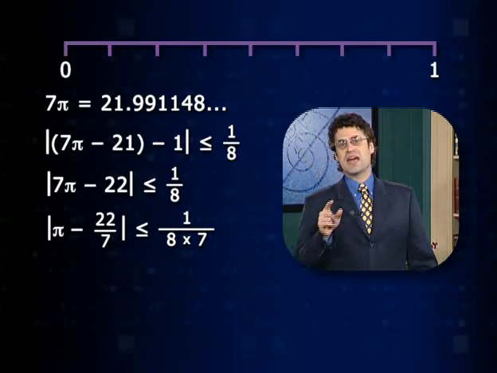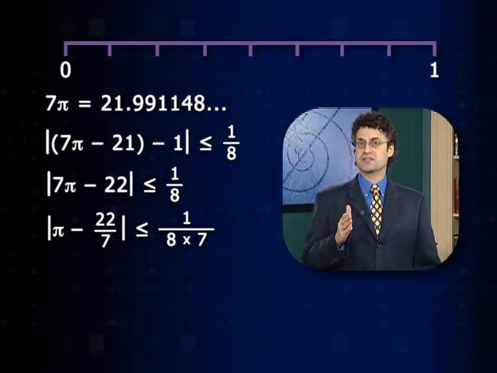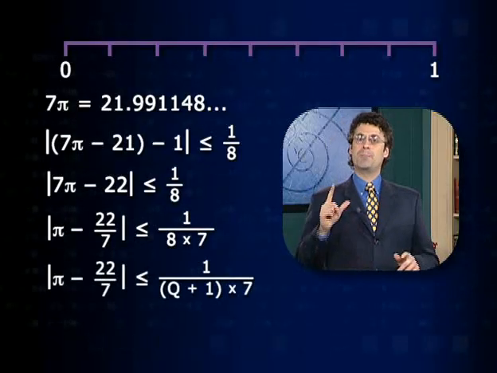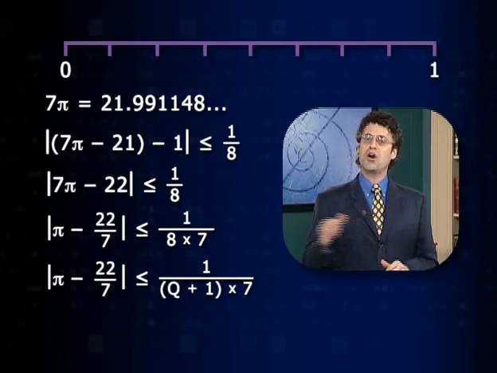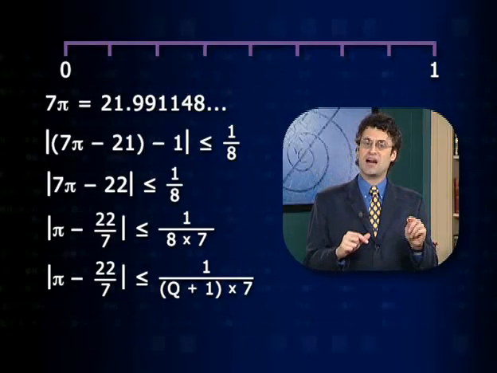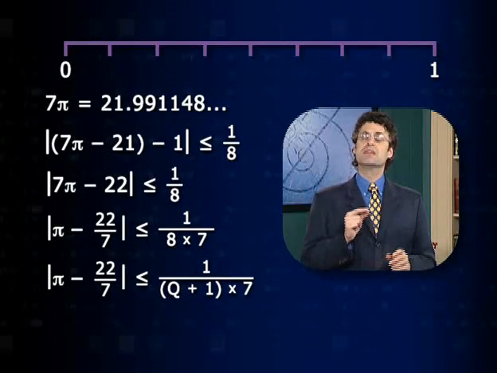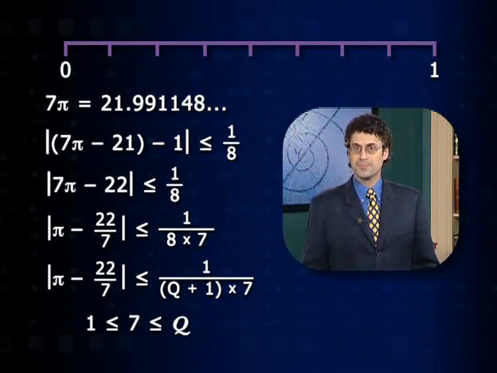And so if we write that number 8 in the denominator as capital Q plus 1, which is in fact 7 plus 1, then we can see that we indeed have that pi minus 22 over 7 in absolute value is less than or equal to 1 over capital Q plus 1 times 7, where 7 is in fact the denominator of that rational, and notice 7 does satisfy the condition that it's less than or equal to capital Q. Well, this method allowed us to discover that 22/7 is extremely, extremely close to pi.